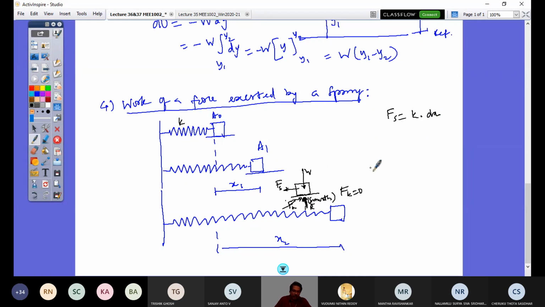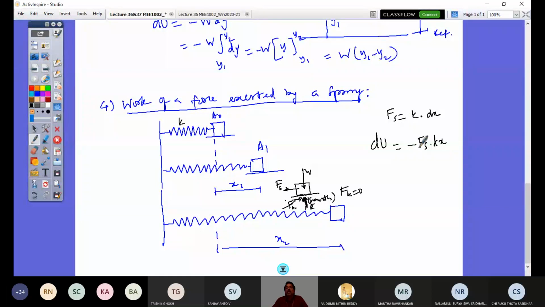So how do you now get your expression of work done? It is like this. So the work done dU would be minus Fs into dx.